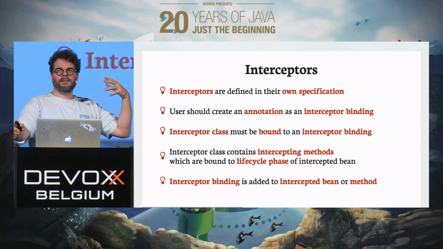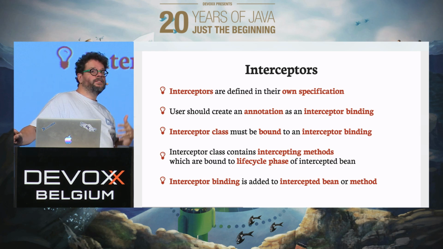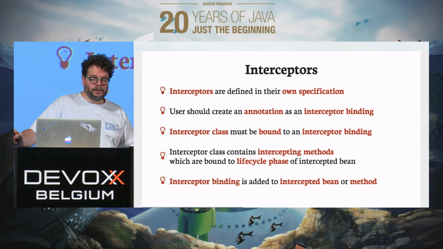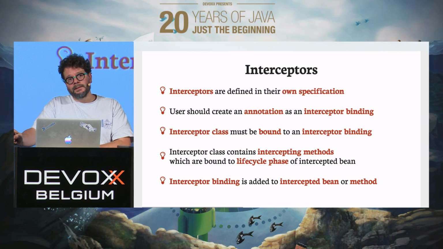You'll have to create a class for the interceptor to define the intercepting code, and you'll have to bind this interceptor class to the interceptor binding by adding this binding to the class. In the class, you will define an intercepting method to say, okay, when this interceptor is called, this code will be executed instead of the original code.